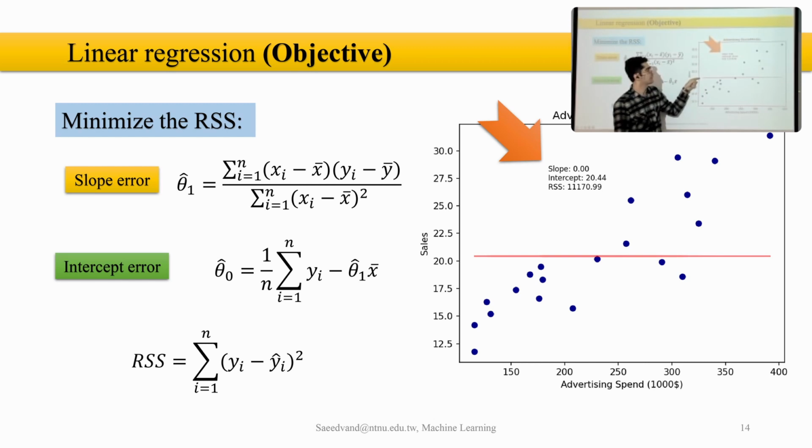And RSS is terrible, because the error is too big. This line is not meaningful at all. What we want to do is find these parameters to change the line to somehow like this, to predict better. Then its slope will increase, the intercept will be showing the intercept, and RSS will indicate the error that I have.